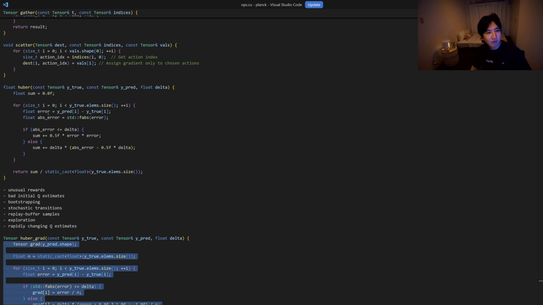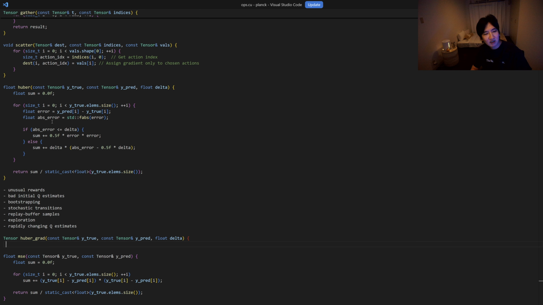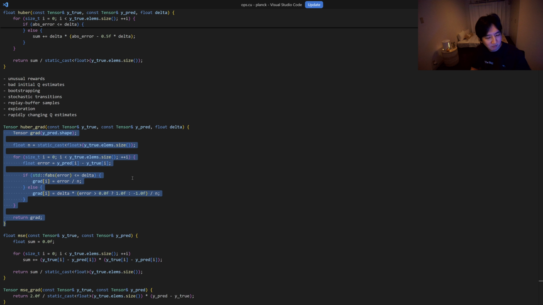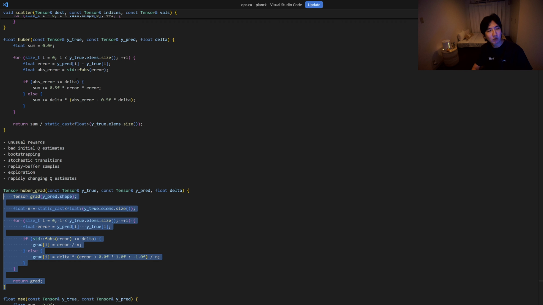First of all, we compute the error, or difference between prediction and the truth, and we take the absolute value of it. If it's less than or equal to 1, we square the error and multiply by 1 over 2, which behaves like mean squared error, because within the MSE we also square the error, except we multiply by 1 over 2.